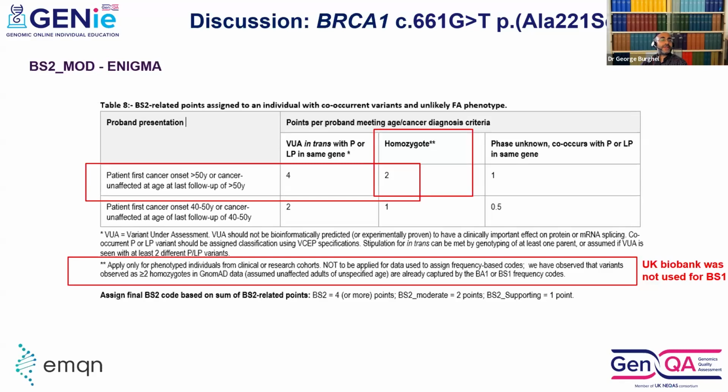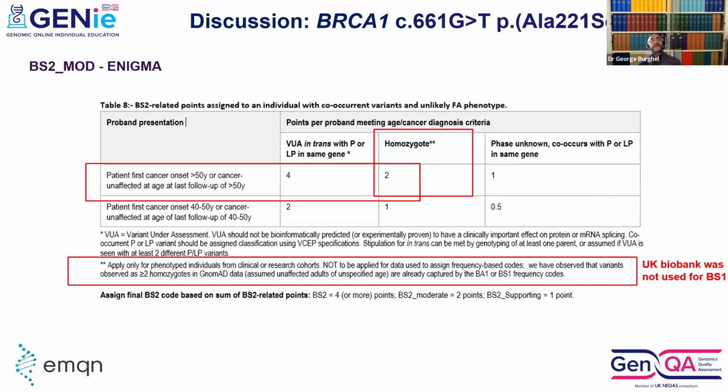So in general, NOMAD can't be used, and that's because usually if it's that common in NOMAD, you would have used that information for either BA1 or BS1. But in this case, because we restricted the filtering allele frequency to NOMAD version 2.1, we feel that you can choose to apply the UK Biobank data with a single homozygous case, and we have the age of the patient, and it classes as assumed unaffected.